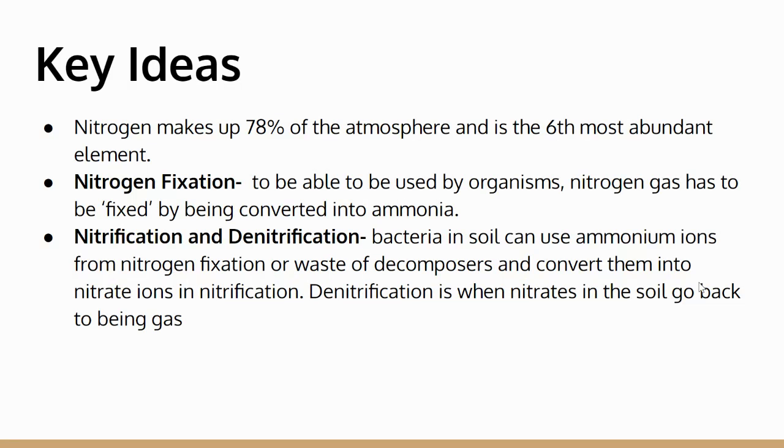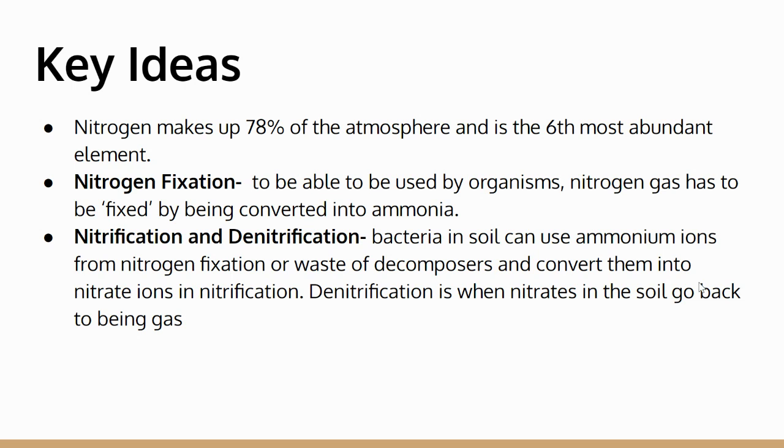So to start us off, we've got some key ideas and some terms that I want you to know before we talk about the actual nitrogen cycle. First, if you remember from our talk about the atmosphere, about 78% of the atmosphere is made up of nitrogen, and nitrogen is the sixth most abundant element on Earth. The process of nitrogen fixation is just nitrogen gas being converted into ammonia.